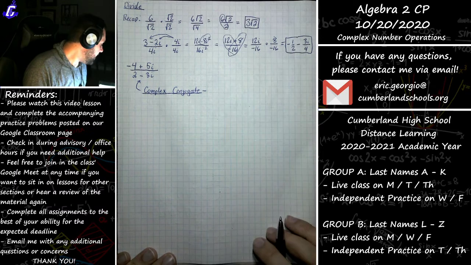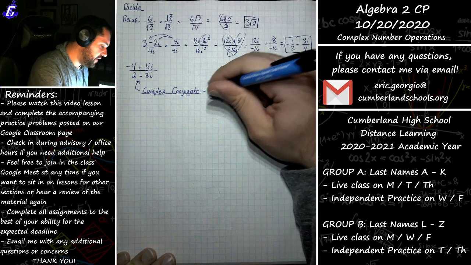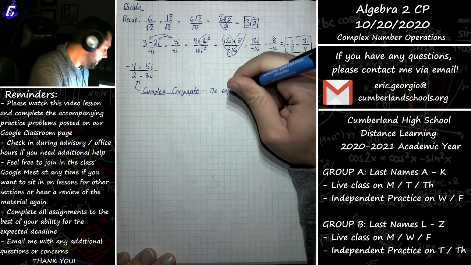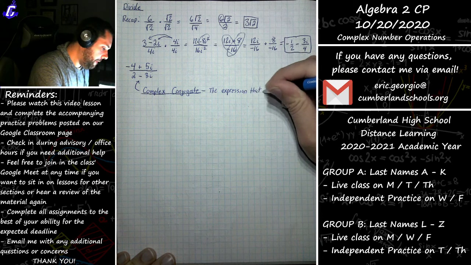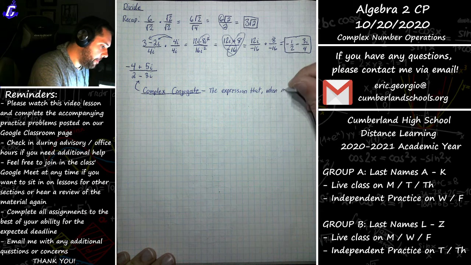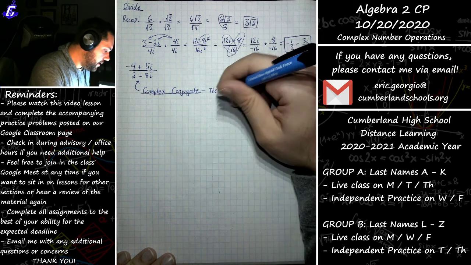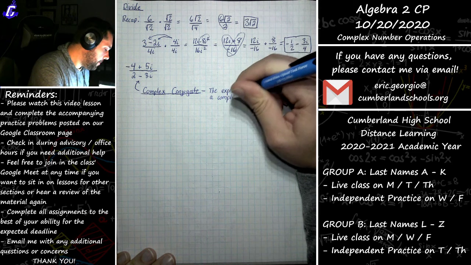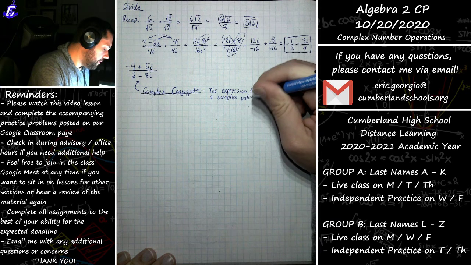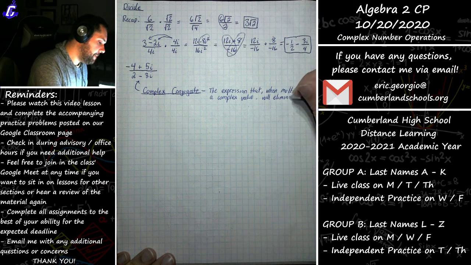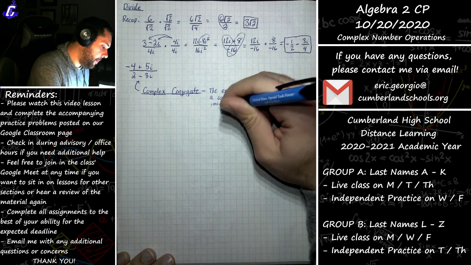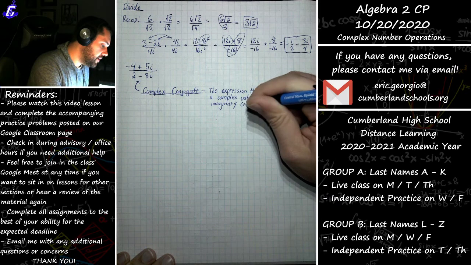And the complex conjugate is, to define it for you, the expression that when multiplied to a complex value will eliminate any imaginary component.